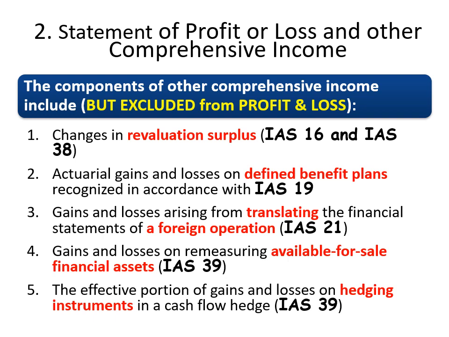So this slide describes the components of other comprehensive income, which are excluded from profit or loss, but included in the other comprehensive income. So what are the items that should be included in this comprehensive income? You can see here the first one is the changes in revaluation surplus as regulated in IAS 16 and IAS 38.